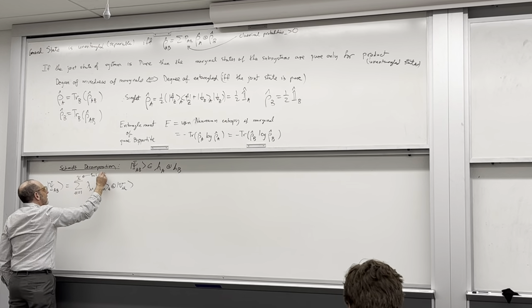All right, so how are we going to prove the Schmidt decomposition? So let's consider an arbitrary basis. By the way, isn't this just the expansion in a basis? I mean, what's so special about this? It just looks like I have a basis for A and a basis for B, and I expanded in that basis. Why can't I just do that?